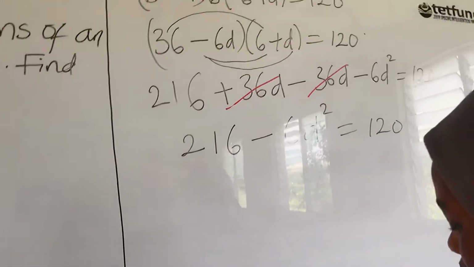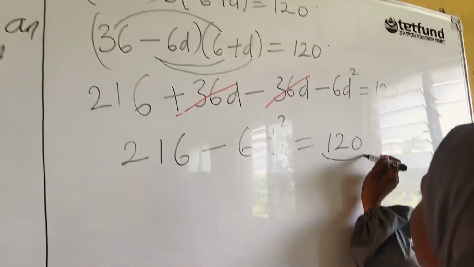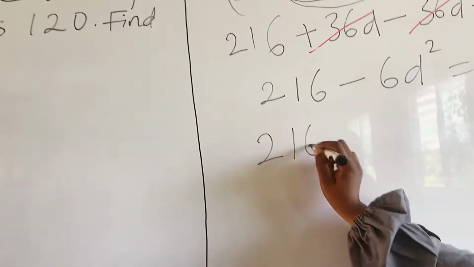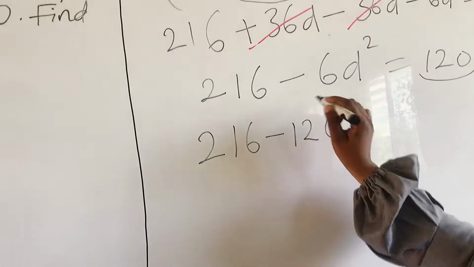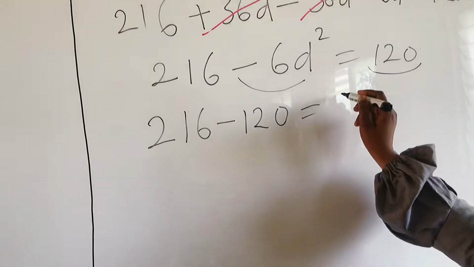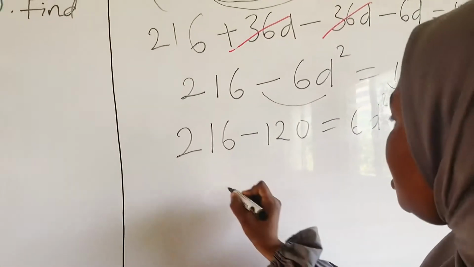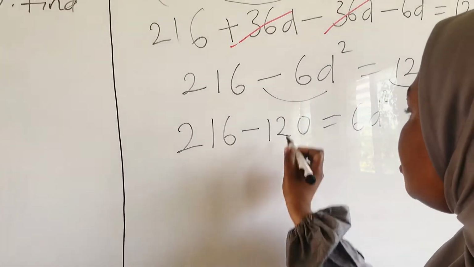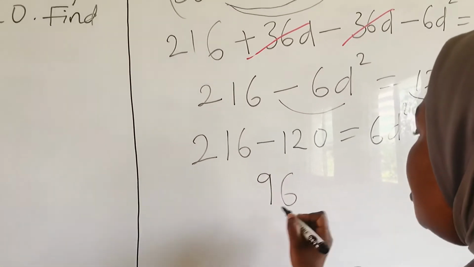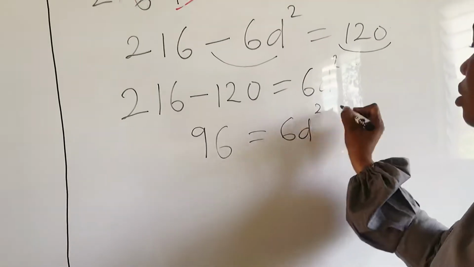So now, let's simplify this one. If 120 comes across, it becomes negative. 216 minus 120. Let's take negative 6D squared out. It is equal to 6D squared. So 216 minus 120 is 96, so 96 is equal to 6D squared.